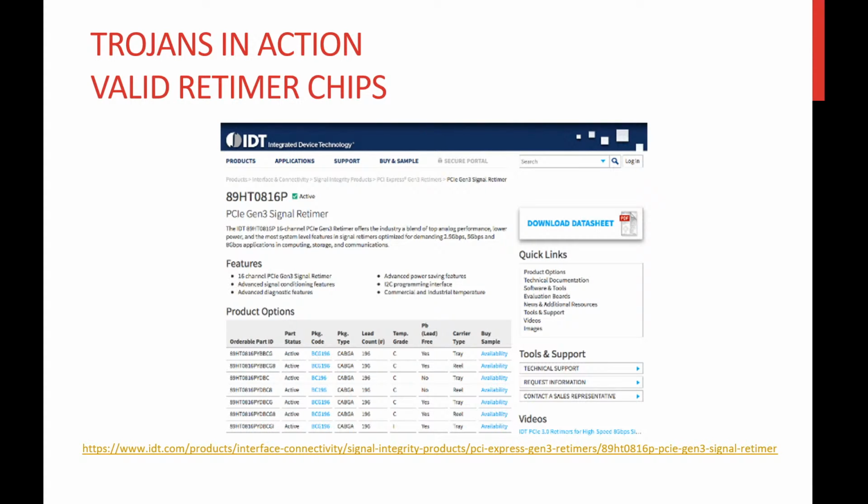Being a reputable and valid company, and since these retimer chips are a part of their portfolio of parts, they would not knowingly provide security compromised chips, since this would compromise their reputation, and since the customer for these chips is also the customer for their many other chips.